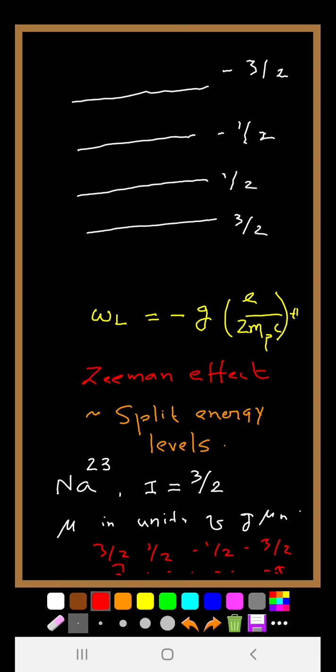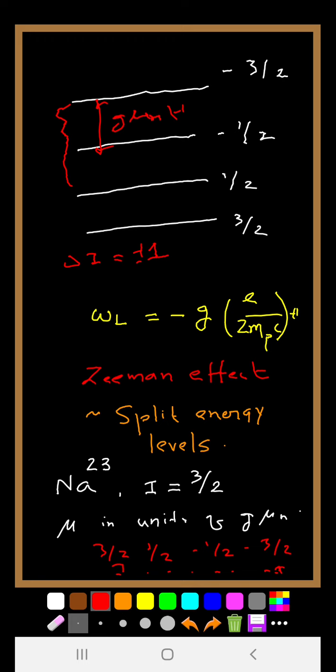Transitions take place, and the difference between each level is G mu n into H. The transitions are possible only between successive levels, so they cannot occur between non-adjacent levels. So delta I should be plus minus 1 for successive levels, and the energy will be G mu n into H.